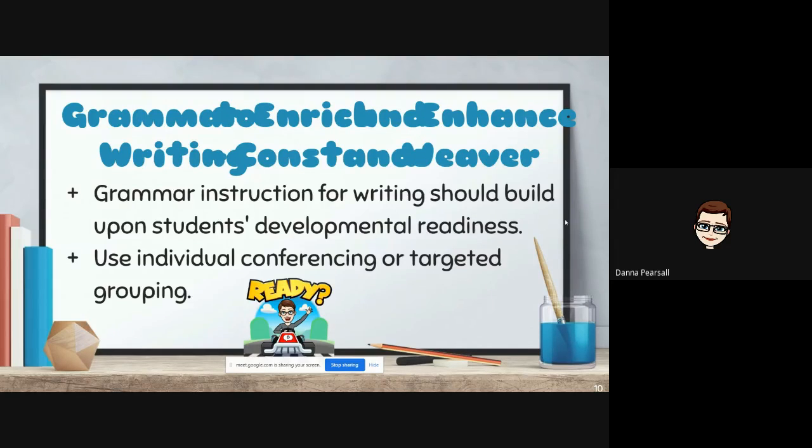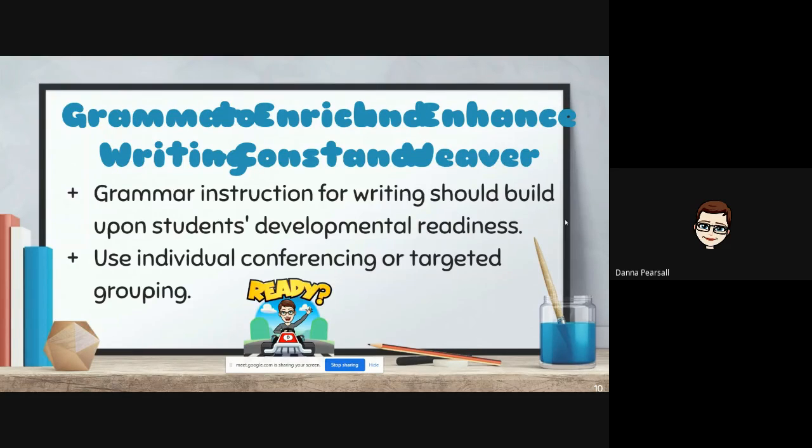If they never use a comma before a fanboy, then you know that that is something that you need to target with that student. But you also know there are other students in your class who always use commas with fanboys, and they get it and they know that. So it's not something that you have to teach to the whole class, but you teach it to that student. Or if you have a small group of students who need that, you can use targeted grouping.